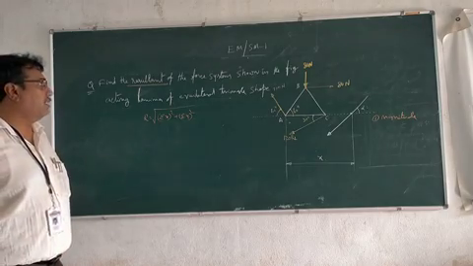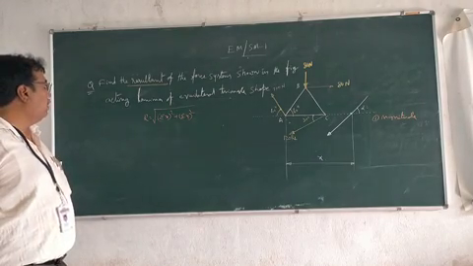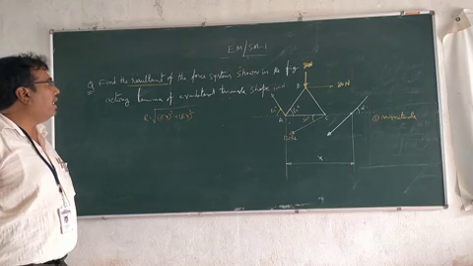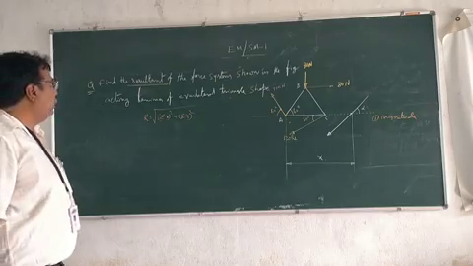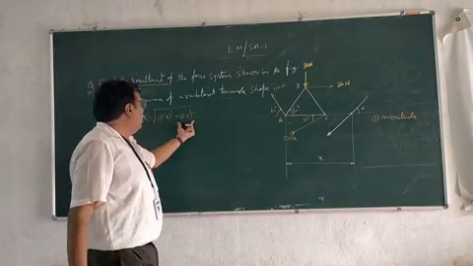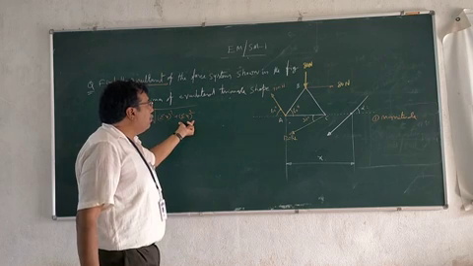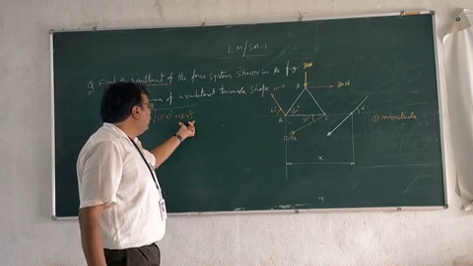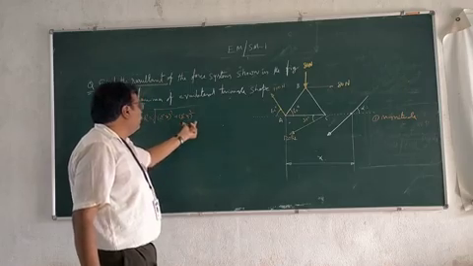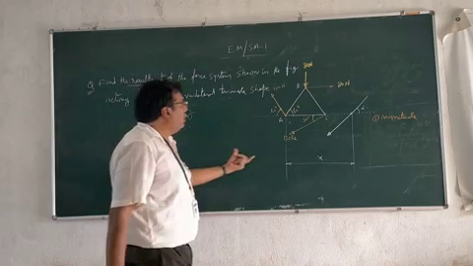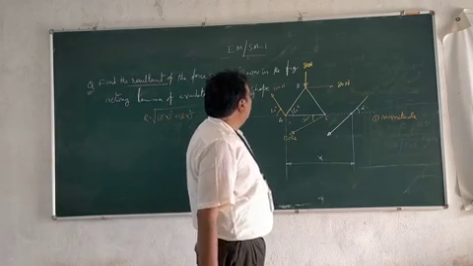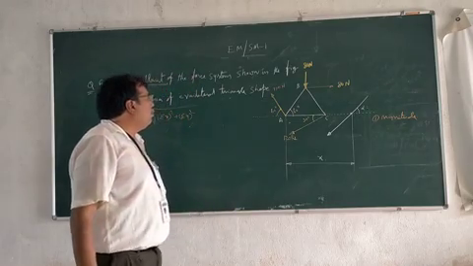What is sigma x? Sigma x is the sum of all x components of all forces given in the figure, and sigma y is the sum of all vertical components, the y components of all the given forces.